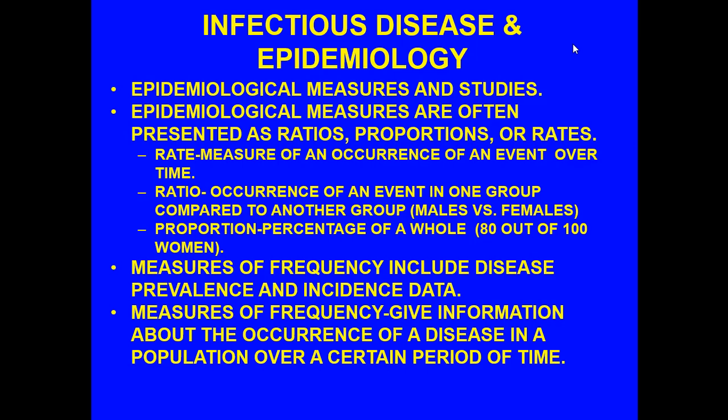And then we look at proportions, which is the percentage of a whole. So how many people out of, let's say, 100 women get this disorder? How many individuals out of the population? For example, there's some people that basically would say, okay, so this has an incidence of 6 cases per 100,000. And so the numbers look a little different until you start thinking, well, let's see. Let's say we have a population of 1.2 million individuals.